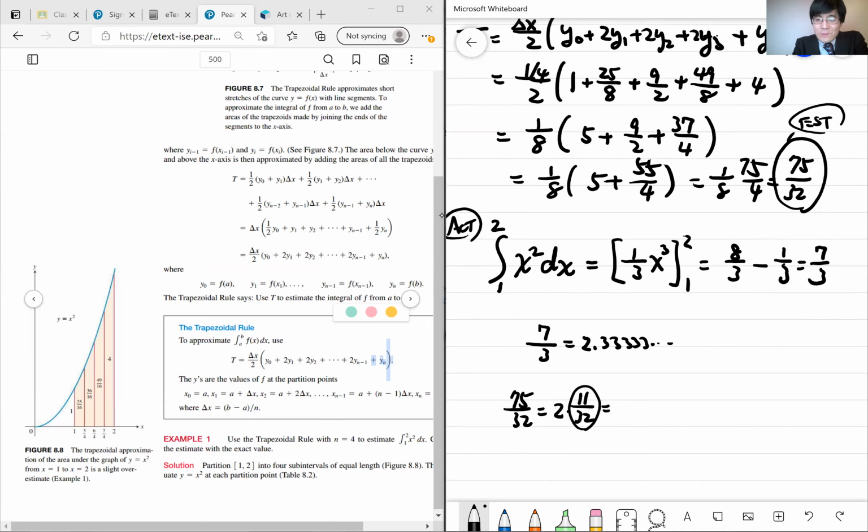Well, this is very close to 2.333, 1/3, but I don't know exactly, so I have to do the division. It's going to be 2.3437. So you see, it's very close in this case.